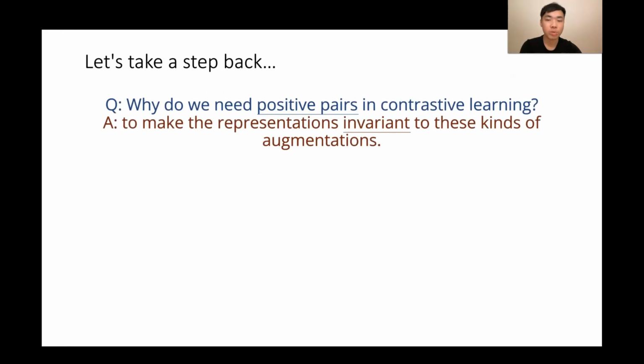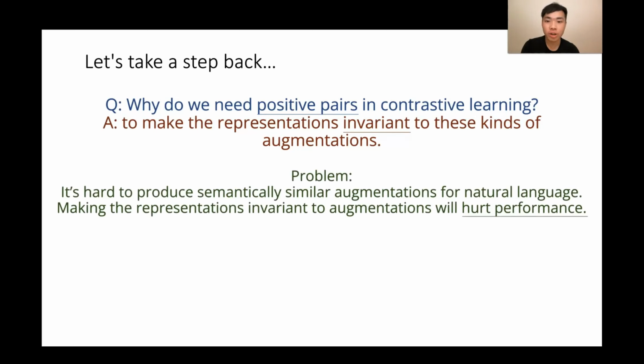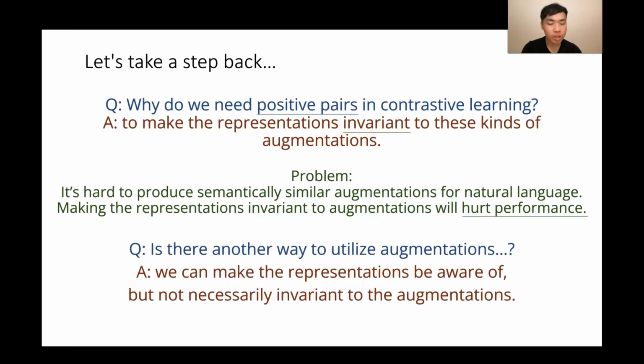It's because we want to make the representations invariant to these kinds of augmentations. However, because the quality of this augmentation is not so good, making the representations invariant to this augmentation will actually hurt the downstream performance. So does that mean these augmentations are not useful at all? I think no, because we can try to use these augmentations in a completely different way.